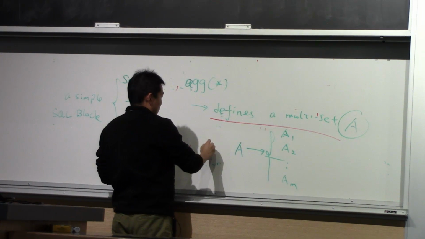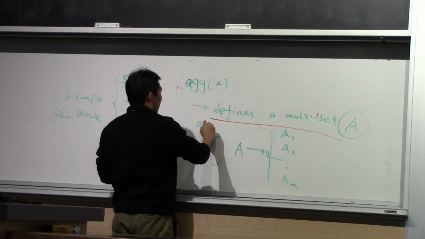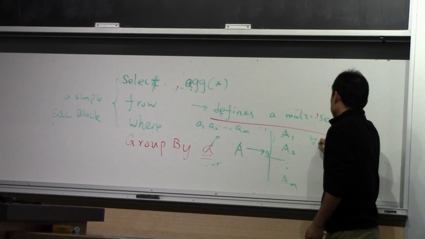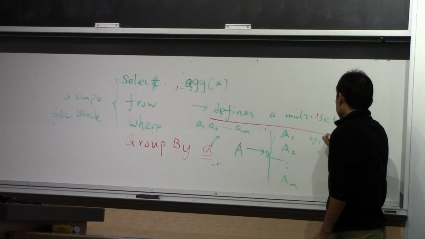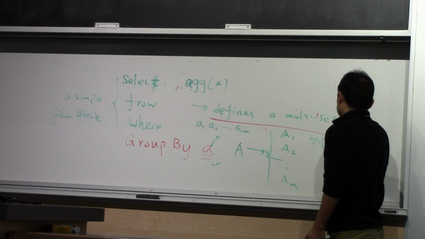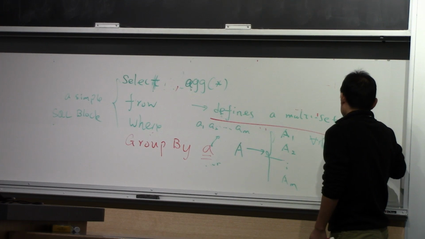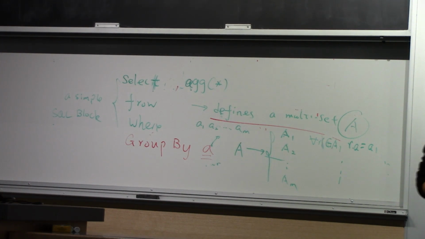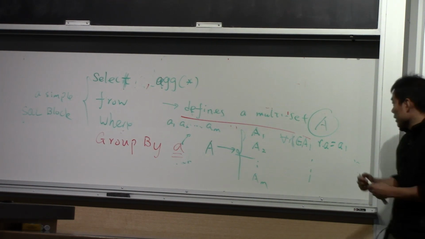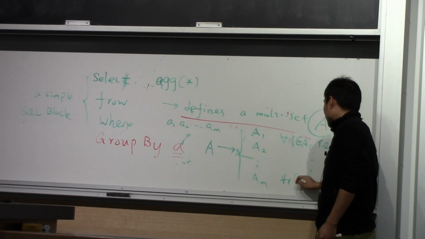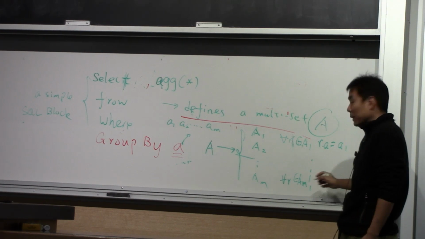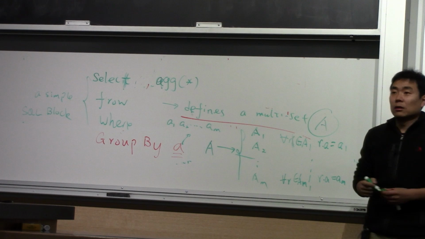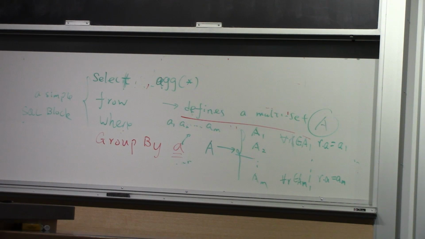Suppose this attribute A has M values. Any record in A1, it must be the case that R.A equals small a1. And the same is true for the other cases. For the last group, any record in AM, the Mth group, their attribute A must equal small am. That's what's going on here.